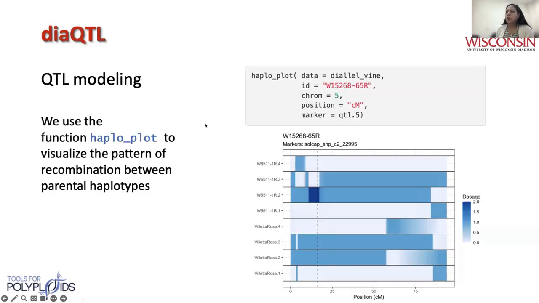So when you have a tetraploid, that means that your mother and your father, each of them, because they have 4 copies of each chromosome, you can have 4 different haplotypes coming from each of them. So it depends on your ploidy how many haplotypes you can have and how to map it and track them back.